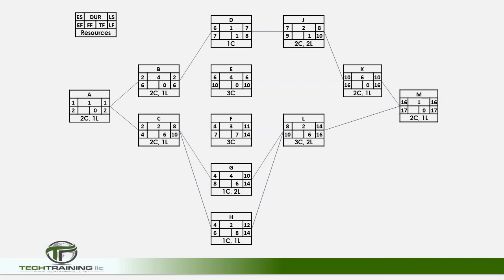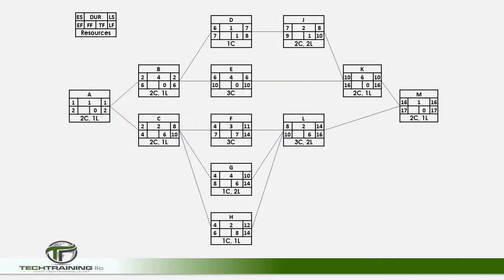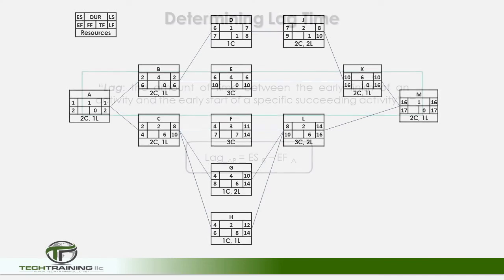The critical path can be determined by following any activity that has a 0 total float. So, in this example, our critical path would be A, B, E, K, M. As you can see here, these are the activities with no total float.